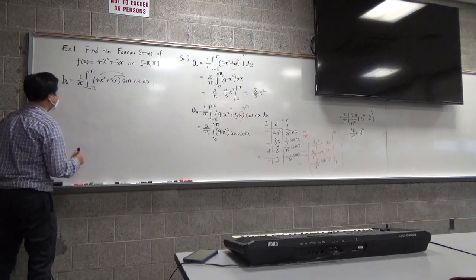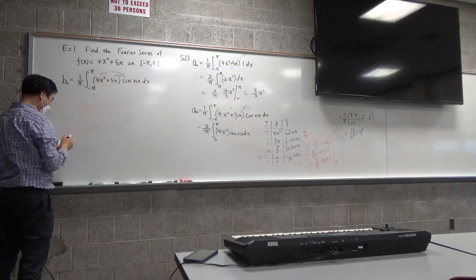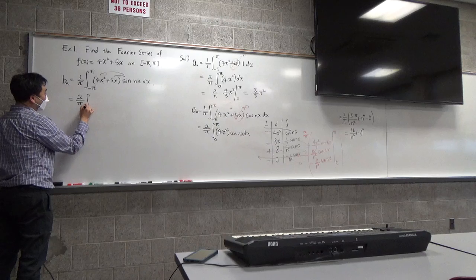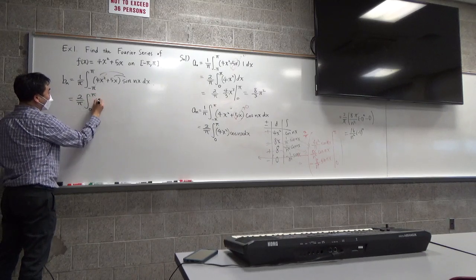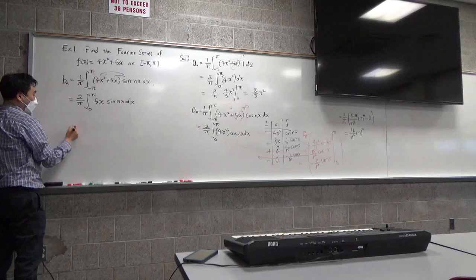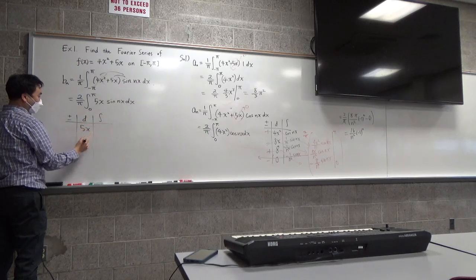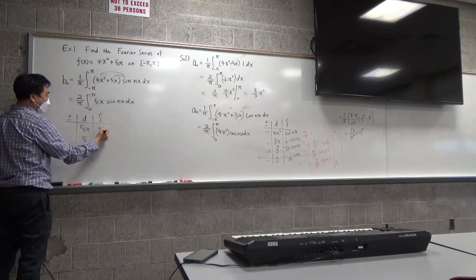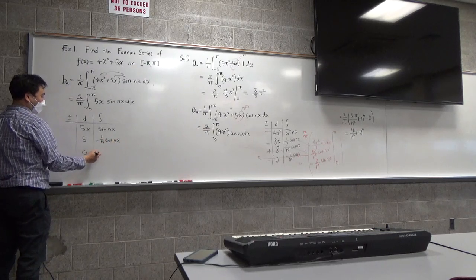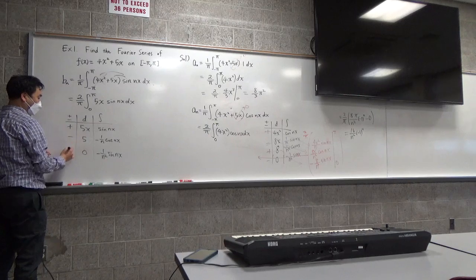So let's try this together. We know that this is the one that's not going to count, and odd times odd gives you even, and therefore this will be 2 over pi integration from 0 to pi of 5x sine nx dx, whose tabular would be plus, minus, derivative, integral: 5x, 5, 0; sine nx, negative 1 over n cosine nx, and then negative 1 over n squared sine nx; plus, minus, plus.